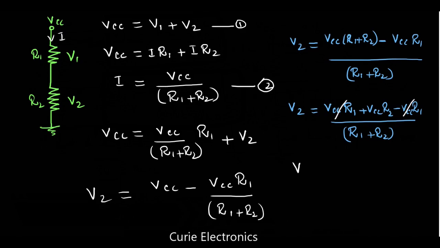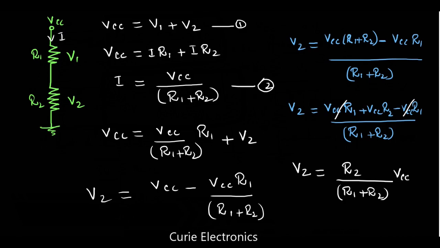So V2 equals R2 upon R1 plus R2 multiplied by VCC, that is the input to the voltage divider circuit.